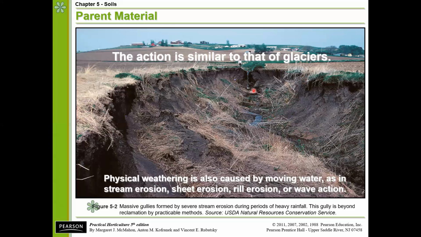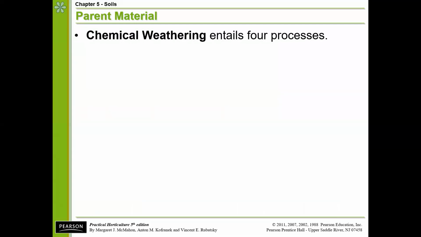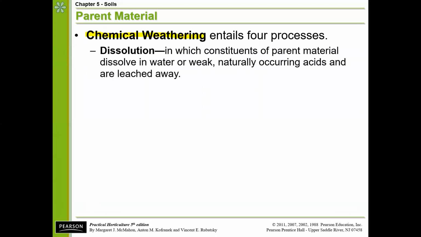But that in itself is physical weathering. It's moving the soil particles themselves to a place where they can then undergo different types of weathering, such as chemical weathering. And chemical weathering is really a combination; it's due partially to physical weathering, but it happens partially from dissolution, which is where parts of the parent material rock, some of these minerals, will dissolve in water.